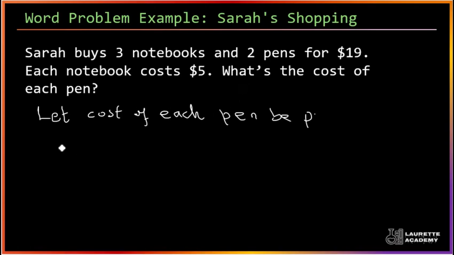Now, what is the cost of notebooks? She buys 3 and they are $5 each. So that is 3 times 5.